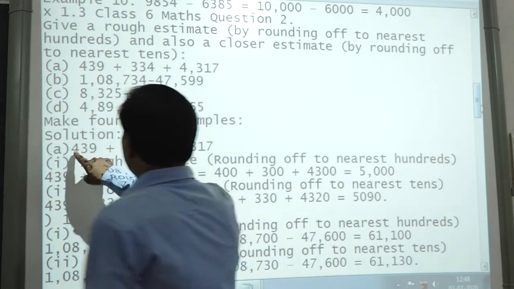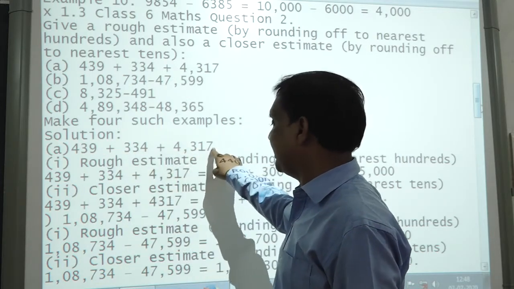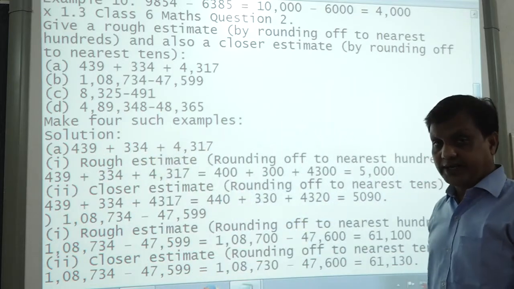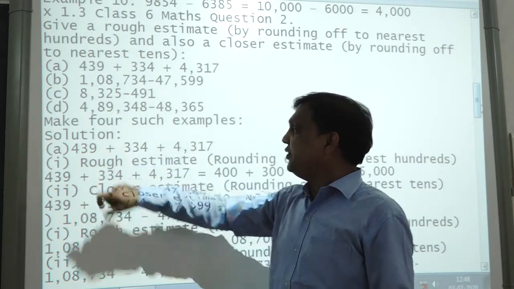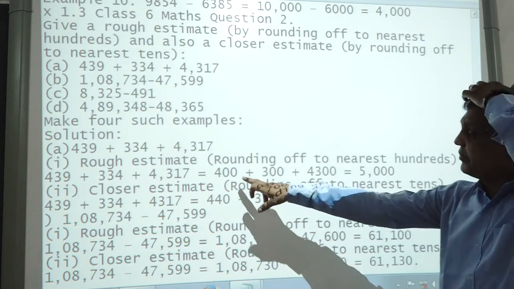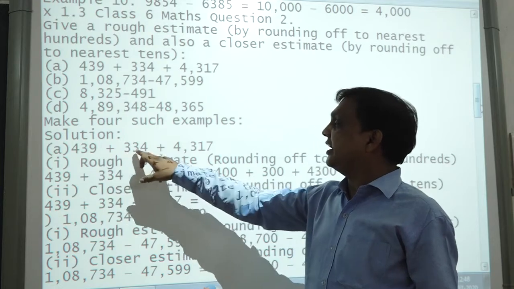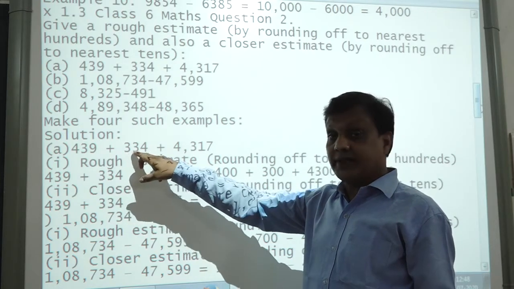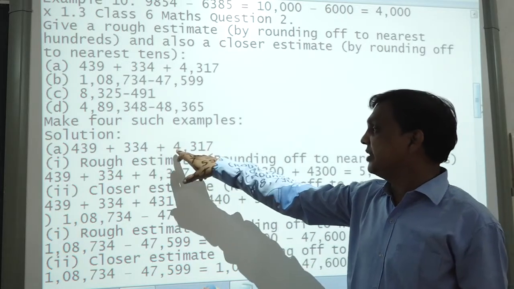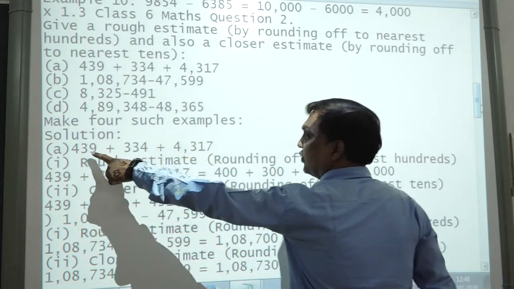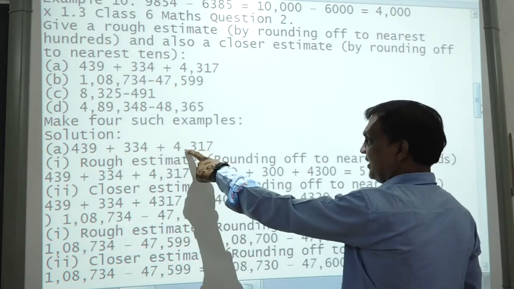Now the first question: 439 plus 334 plus 4,317. First make all these numbers nearest to 100. 439 becomes 400, 334 becomes 300, and 4,317 becomes 4,300.